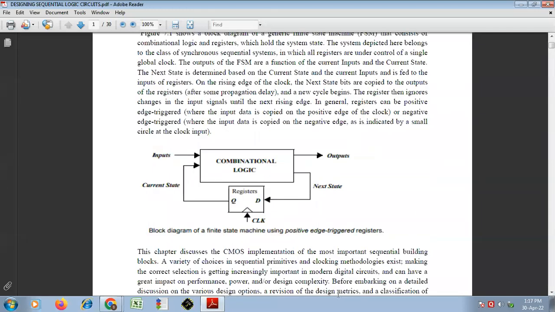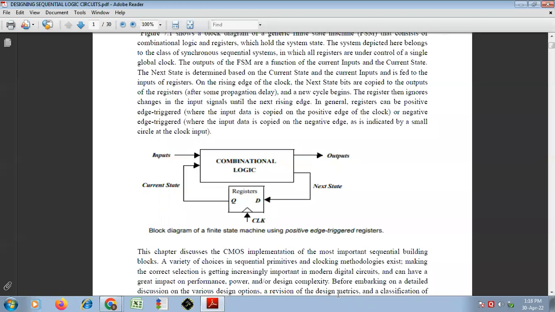Now, all of you know what a sequential circuit is. Can anyone say? It depends upon present input and past output. Right. Or in simple language, you can say that a sequential circuit requires some storage element or memory element.